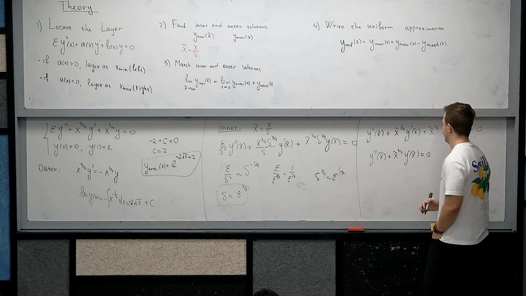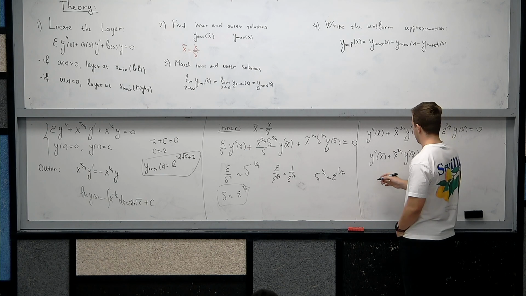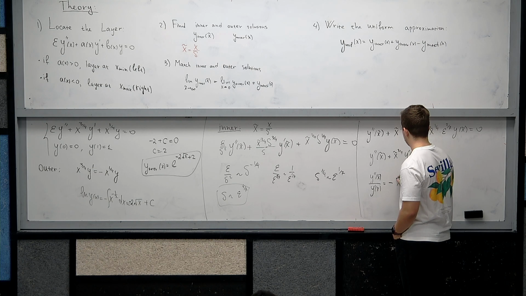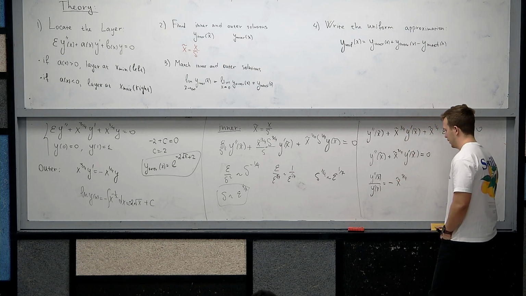So we can write it like y double prime of x tilde divided by y prime of x tilde is minus x tilde to the 3/4. Then I do one integration, right?